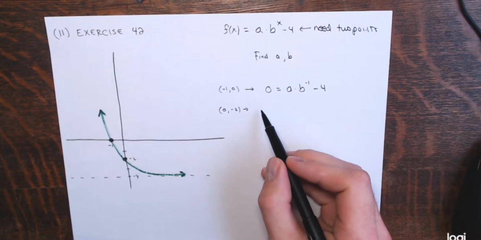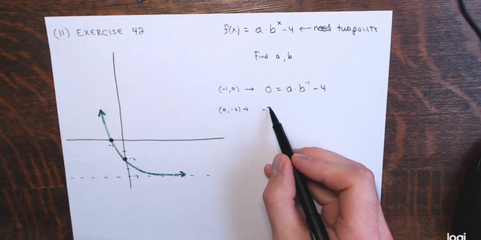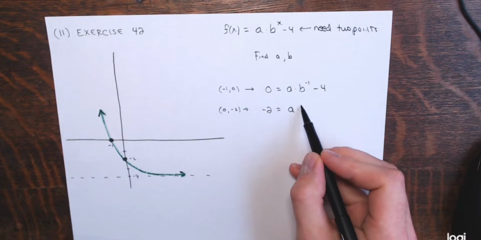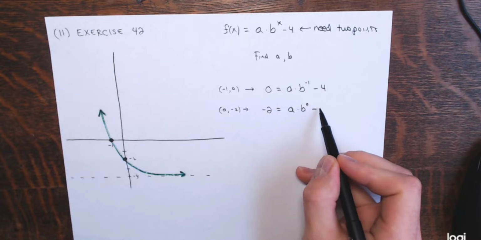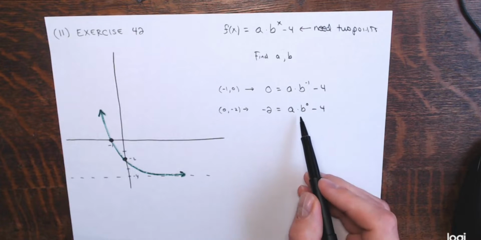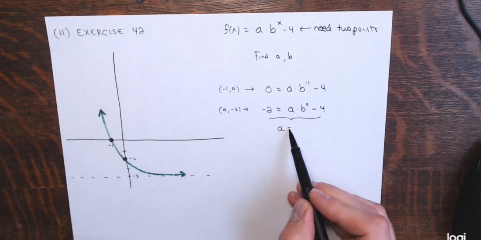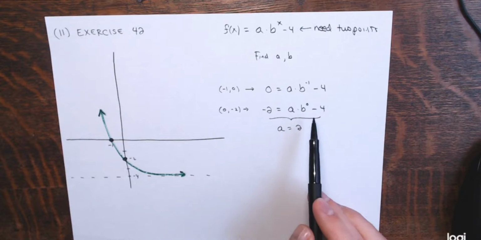And then here, output negative 2 equals a times b to the 0, minus 4. I'll remember b to the 0, since b is not going to be 0 or negative, is just 1. So from here, the second equation, we have a equals 2, because it's a times 1.